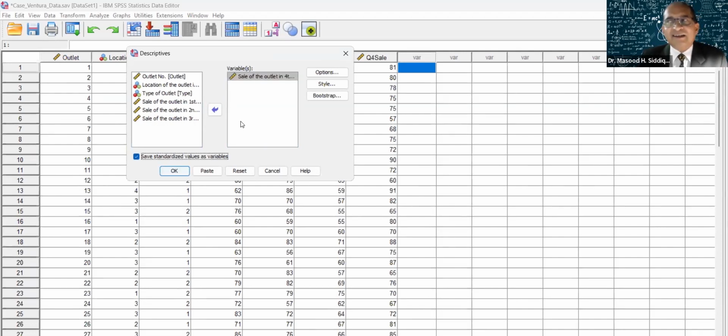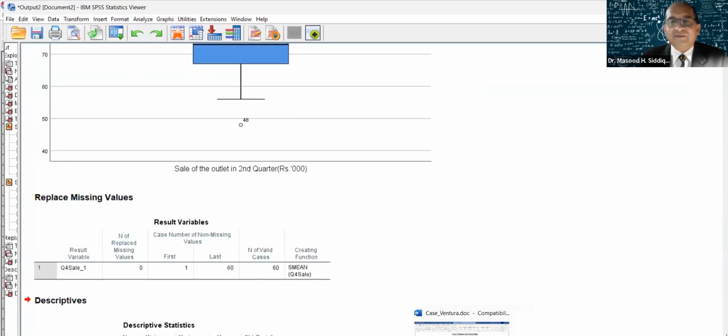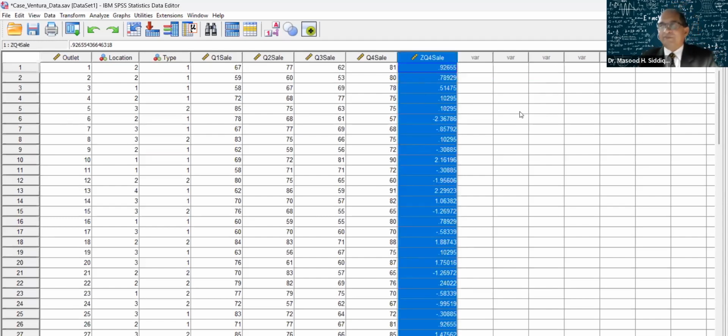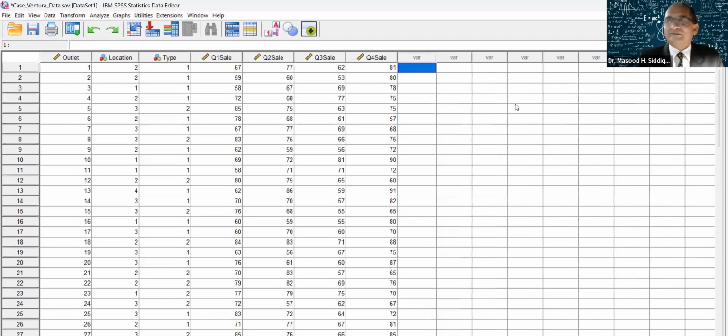It can be done by Transform also, but this is the direct method. And if we press OK, you will be seeing a new variable, that is the standardized Q4 sales, right? Here the values are being converted into the Z scale. So all these things can be done, so that it can be converted into Z and normality can be tried.